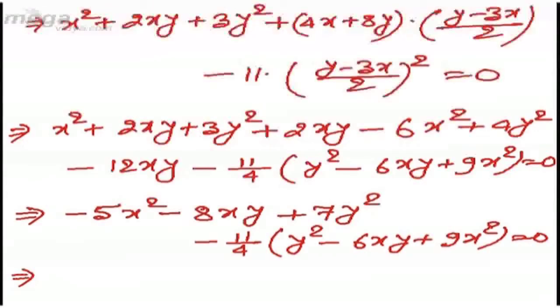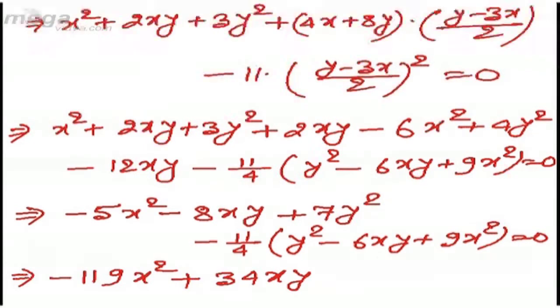Now after simplification, we will get here minus 119x square plus 34xy plus 17y square is equal to 0.